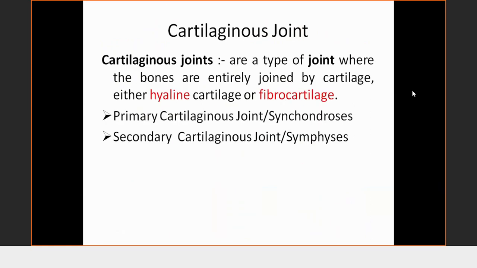Next, the cartilaginous joints. Now, if cartilage is present between the two articulating bones, and the attachment is due to the cartilage, then that joint is known as the cartilaginous joint. And here, basically, there are two cartilages.